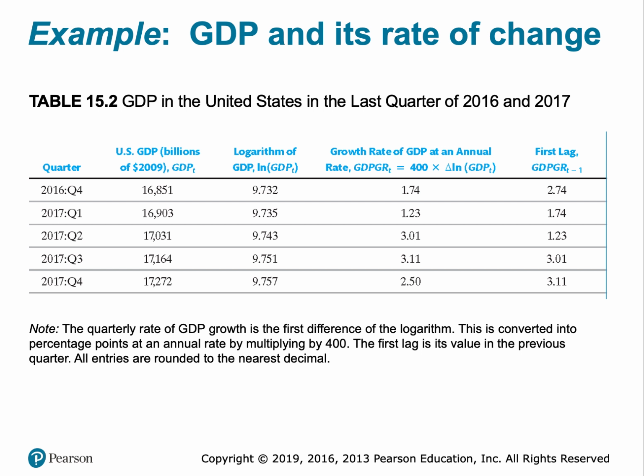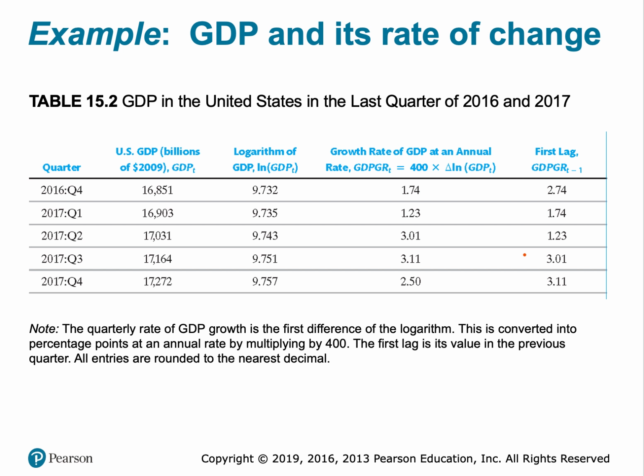Here we have a table of GDP and its rate of change. GDP in the United States in the last quarter of 2016 and 2017. In the second column we have GDP, in the third column we have log of GDP. Then the growth rate of GDP at an annual rate, so we have 400 times the change in log of GDP.